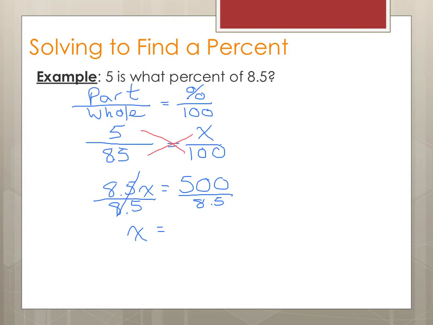I'm going to round this to the nearest tenth. We get approximately 58.8. And then we can just add the percent sign. Again, since we're using the percent proportion method and our percent is already expressed as a fraction over 100, there's no need to convert this from a decimal to a percent. The answer that we get is the percent answer.